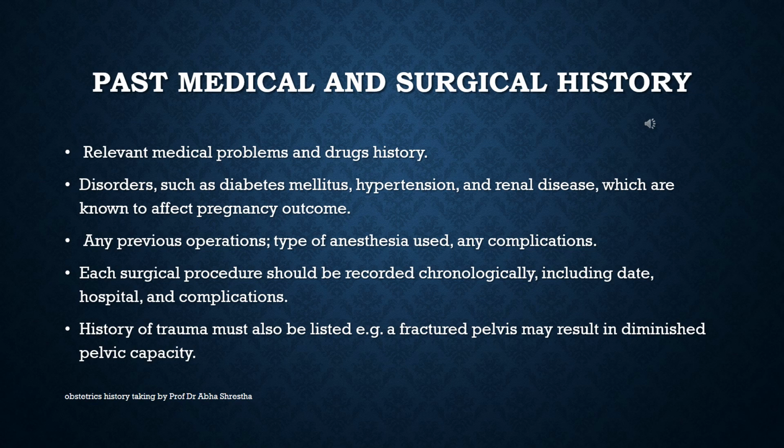Each surgical procedure should be recorded chronologically, including the date, hospital, and complications if she had any. We should also ask for history of trauma and it must be listed. For example, fractured pelvis may result in diminished pelvic capacity.